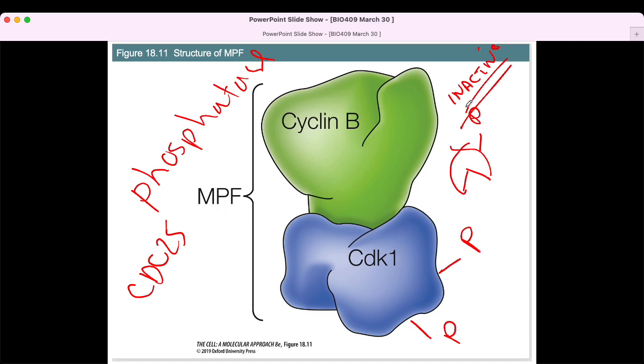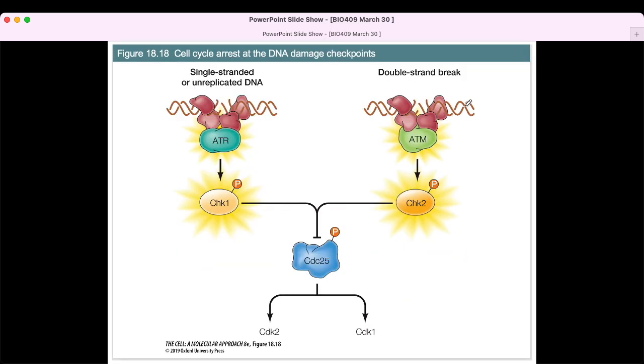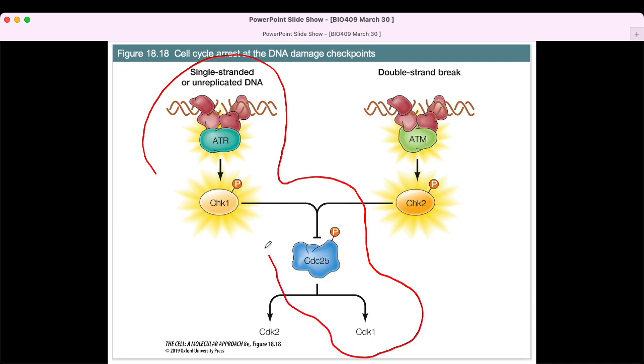And there's a simple figure in your book that shows this pathway, so I'll just show you that figure right now. It's satisfying that the book did this, because the book is showing two things at once. And here's our pathway that we're talking about right now. So there's DNA damage, and CDC25 gets inactivated, and so CDK1 stays inactive.